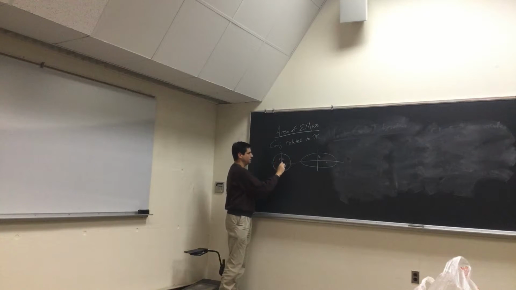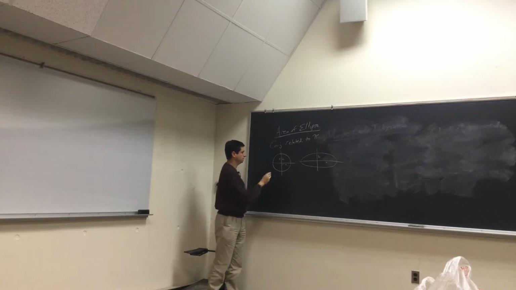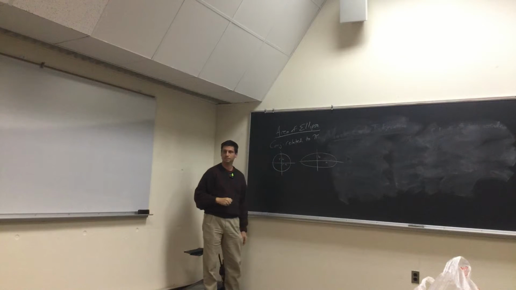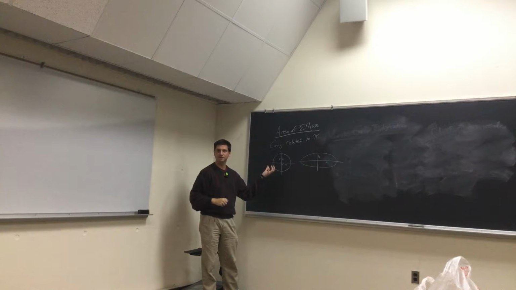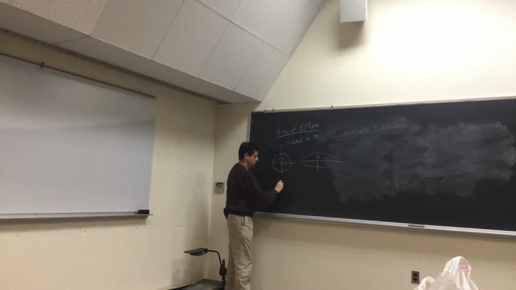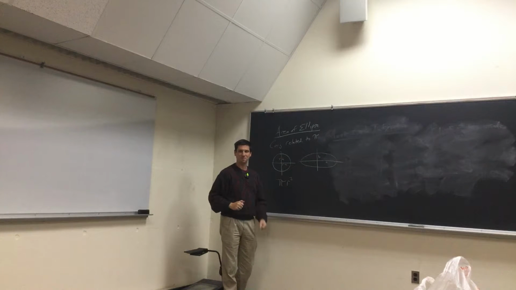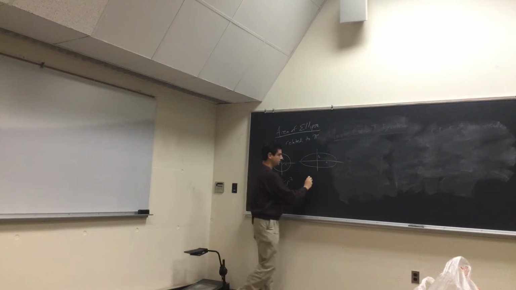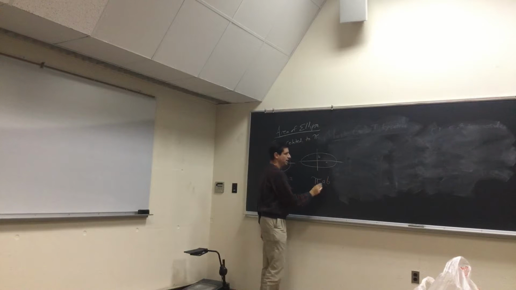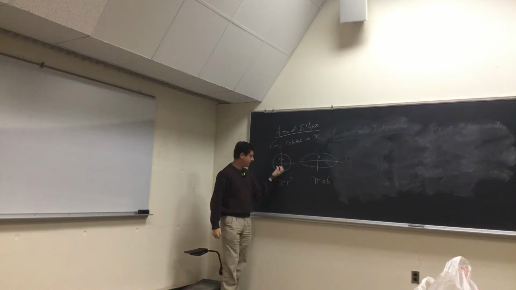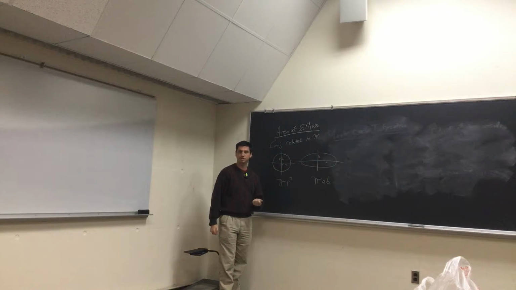And I guess you could also call both of these R. What's the area of a circle of radius R? Pi R squared. What would you guess the area of an ellipse is? Pi AB. And in the special case when A equals B, that should reduce to a circle.